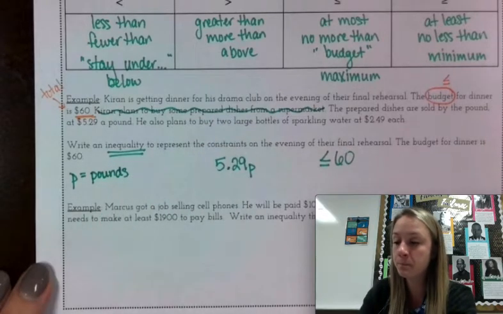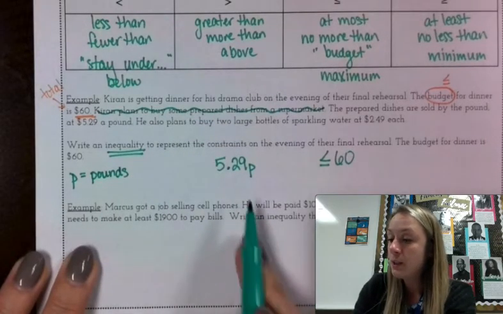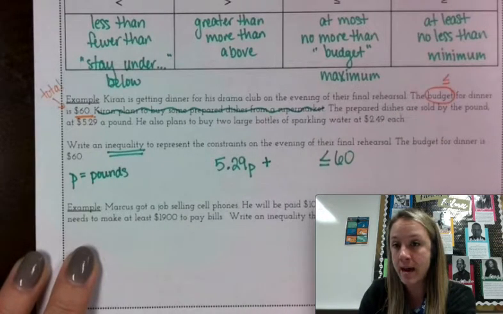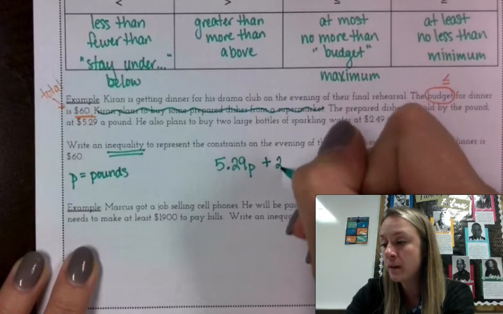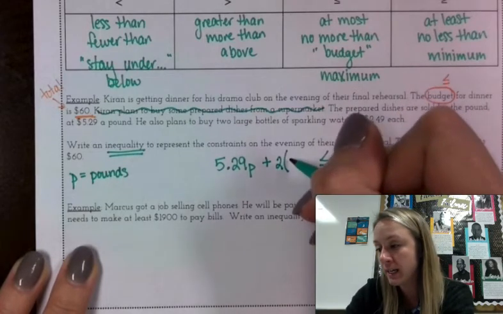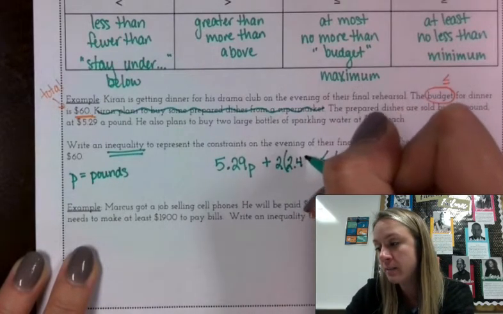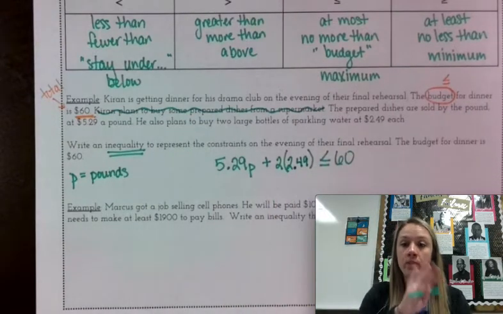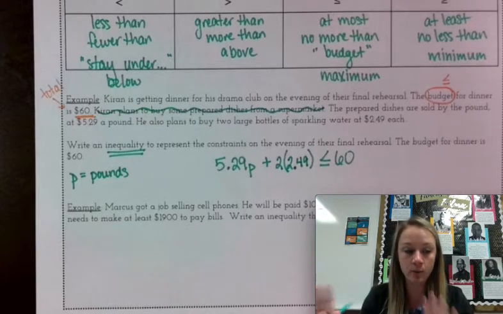So I need a variable. So I'm buying this and I'm also buying the water. So I'm going to add 2 bottles of water for $2.49 each. And so I need to make sure that I multiply those together, or I could do plus $2.49 plus $2.49 because there's 2 of them.